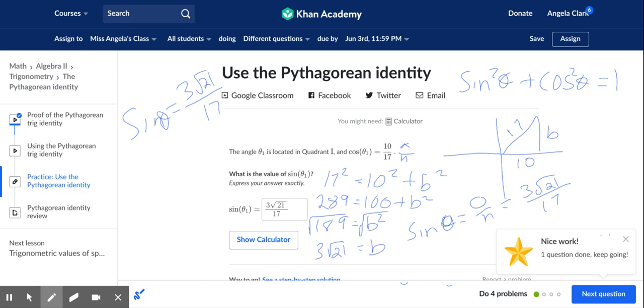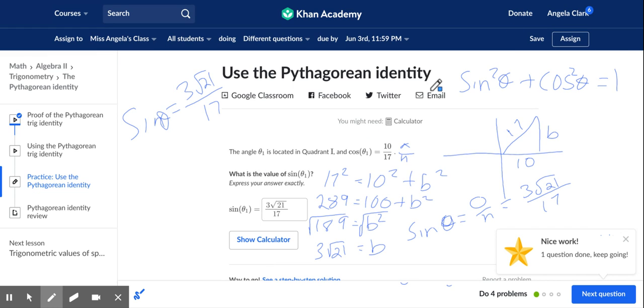I have the Pythagorean theorem memorized already. I didn't have to memorize a new one just for this type of problem, right? The Pythagorean theorem is something that we've been using forever, well, since geometry. But the point is that's something that's already in our heads. So I like this way better.